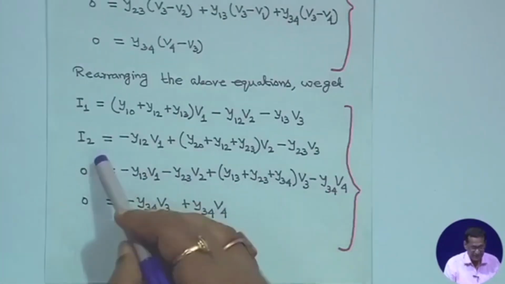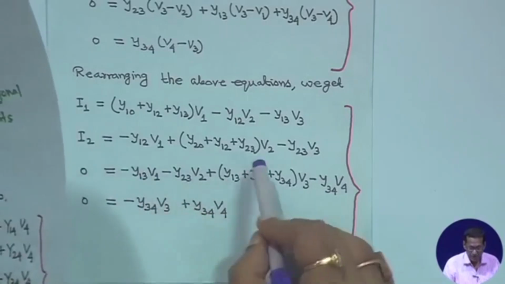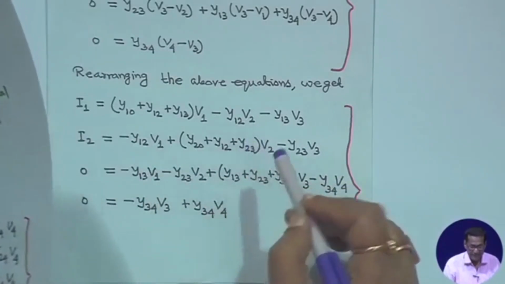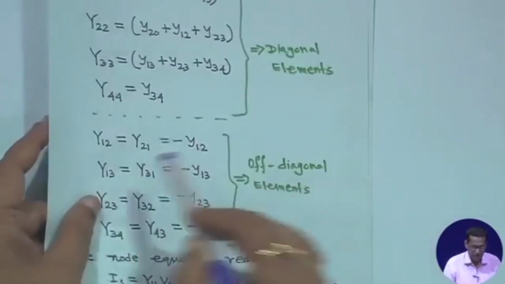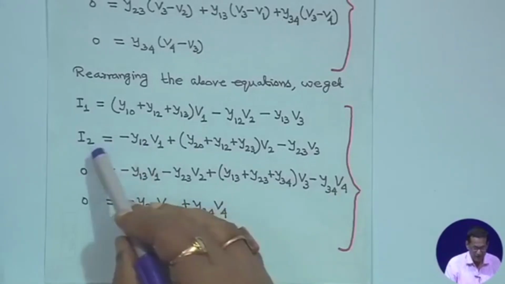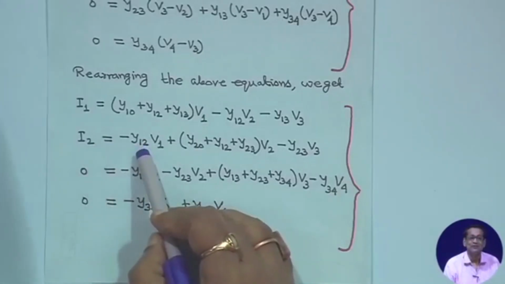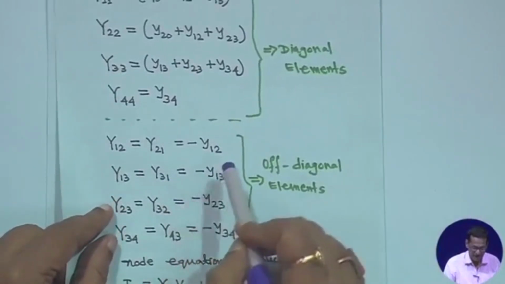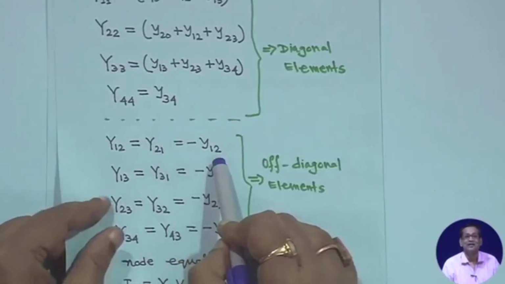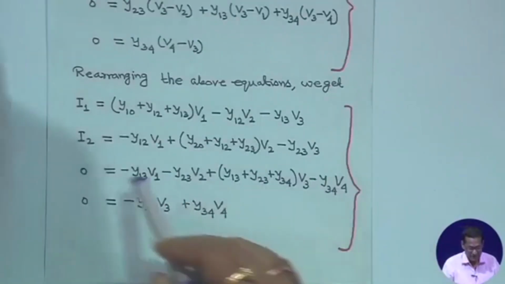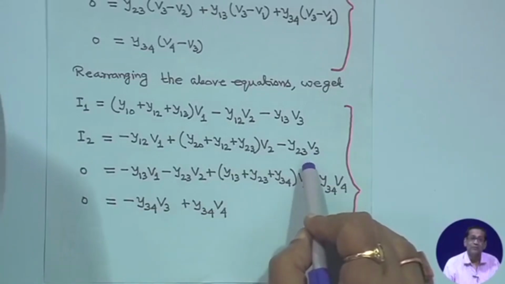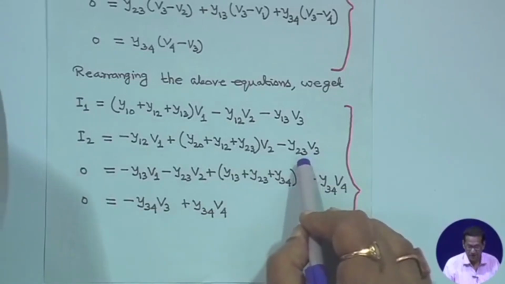Similarly, you come to the next, which is 2 to 3. This is a symmetric matrix, so capital Y12 and Y21 will both be minus y12; 2 to 1, capital Y21 will be minus y12, it is symmetric. Then capital Y23 is equal to capital Y32 is equal to minus small y23.